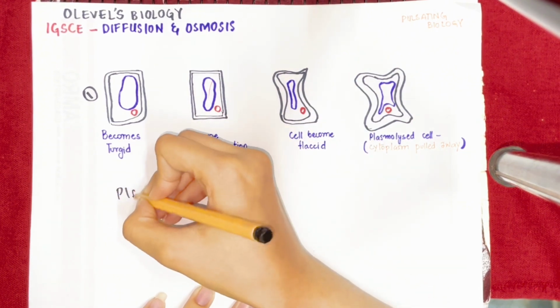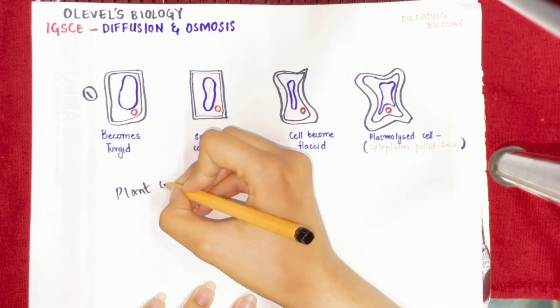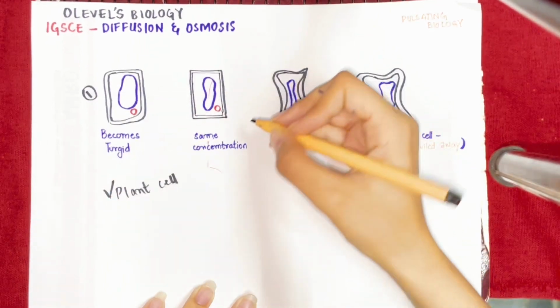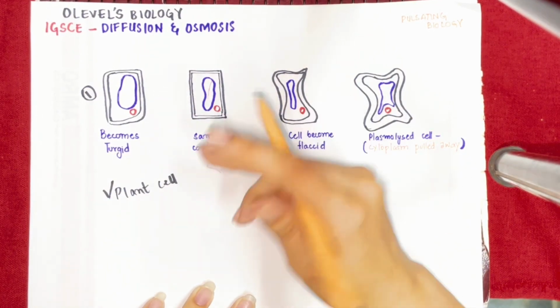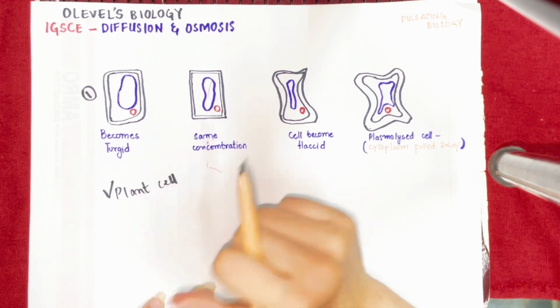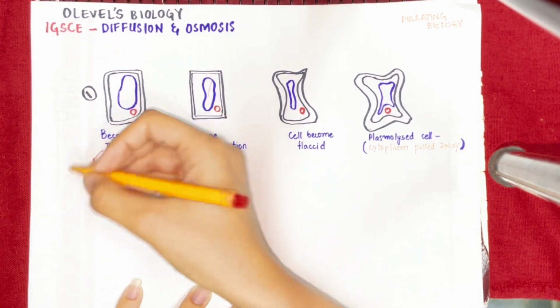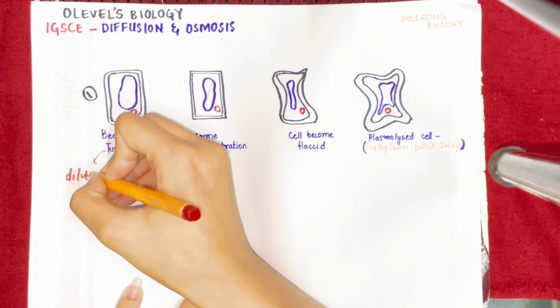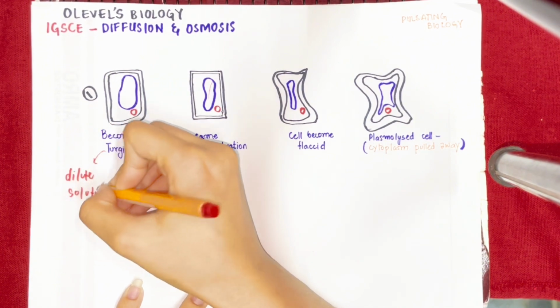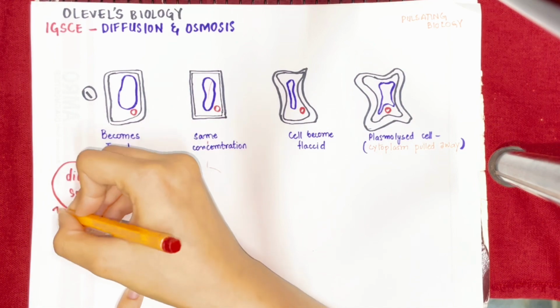The number one thing that you need to remember is that these conditions of a cell are learned in the plant cell. The plant cell becomes turgid when it is placed in a dilute solution. What is meant by the term dilute solution?